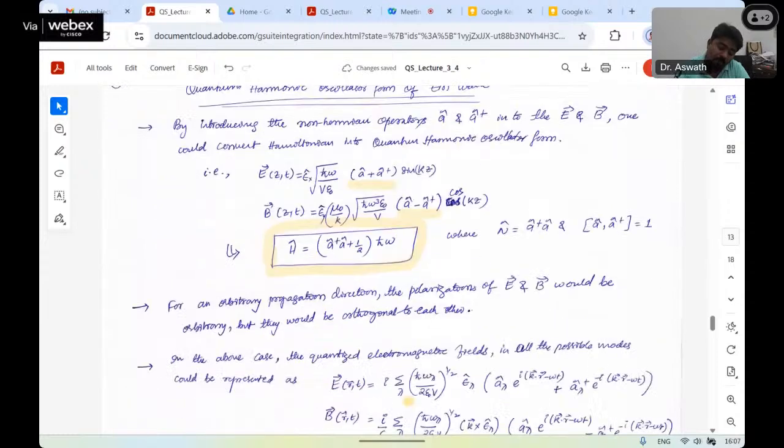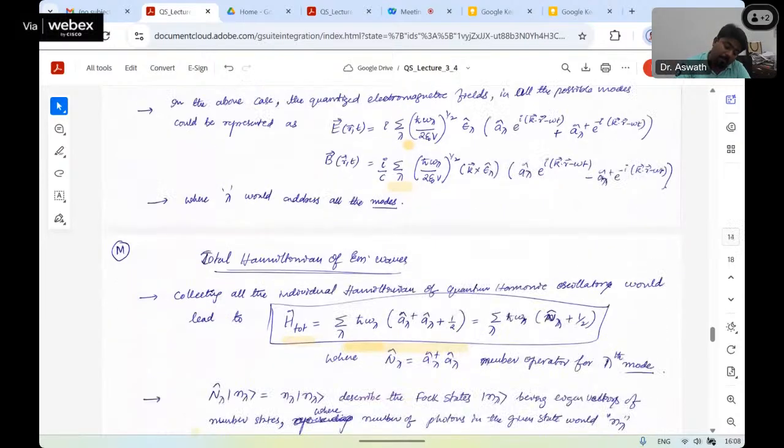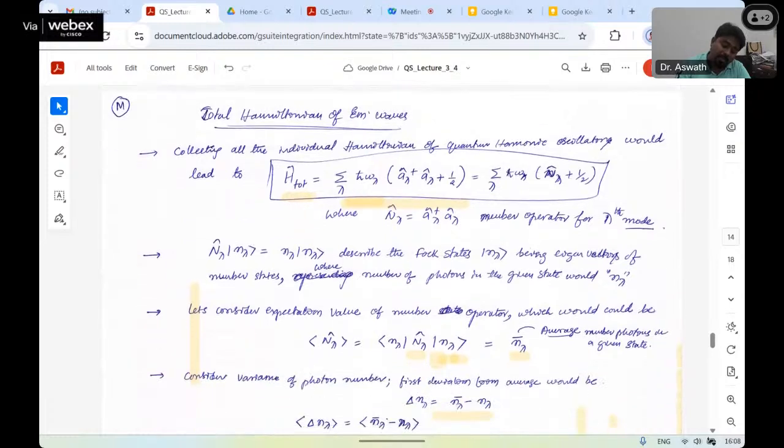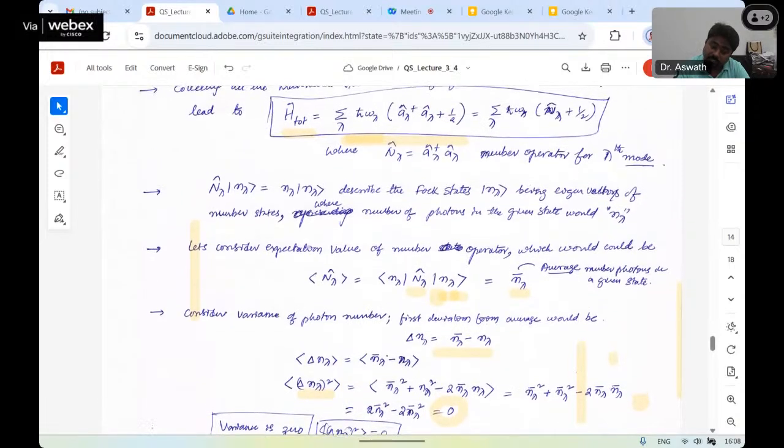So by the time I come to the final state, let's say here, if you see the electric field and magnetic field vectors, what I've shown here, they are expressed in terms of A and A daggers. So they have already become pure quantum. Now, having that, just try to find the energy states of that particular Hamiltonian. They're discrete: n kets for a particular lambda, where lambda stands for a particular polarization or mode. Lambda would have many modes, right? So here the energies are discrete.